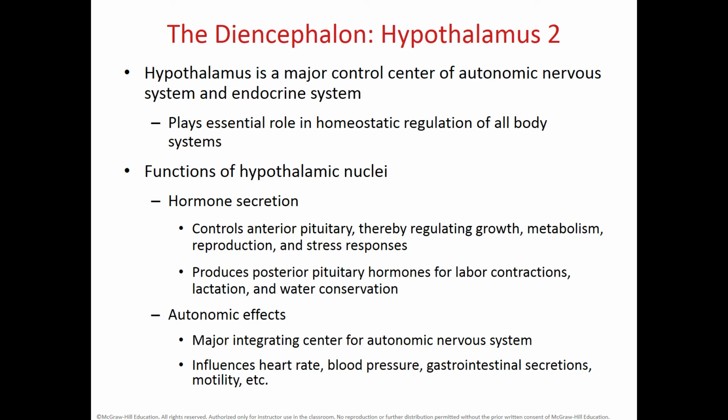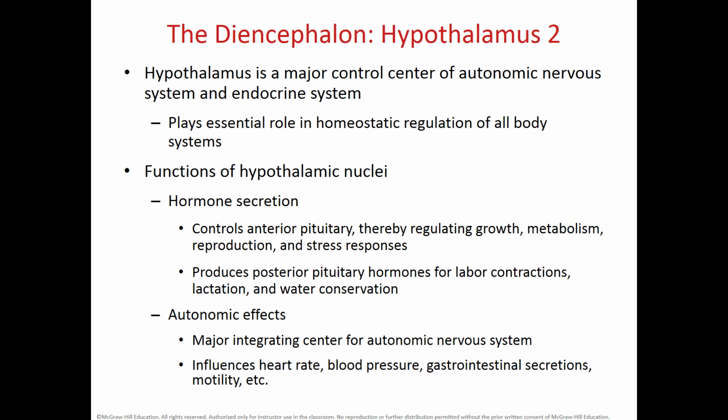So, some of the functions of the hypothalamus is to perform homeostatic mechanisms. For instance, we secrete hormones that are important for regulating growth, metabolism, reproduction, and stress responses. Also, it helps to send hormones like oxytocin and ADH.